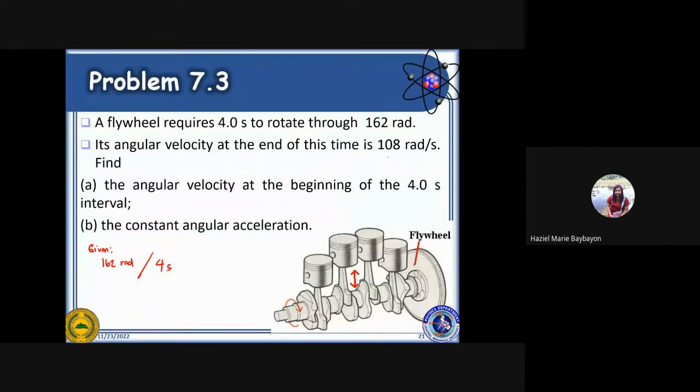It is 108 radians per second. So after 4 seconds, the final velocity omega is 108 radians per second. Find omega naught. This one is the theta, and this one is the time t. Okay, so let's solve for omega naught.